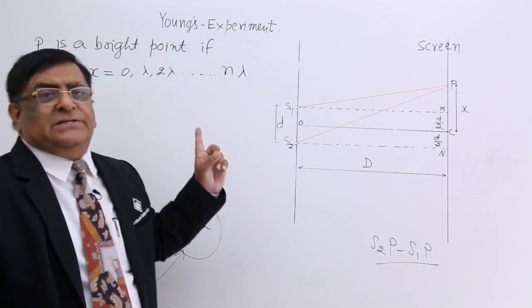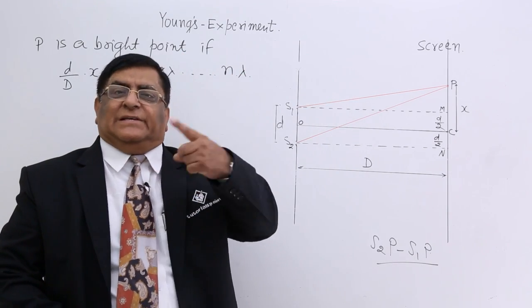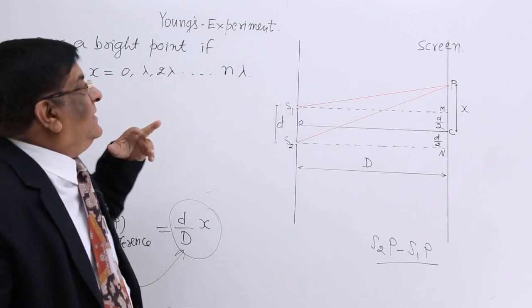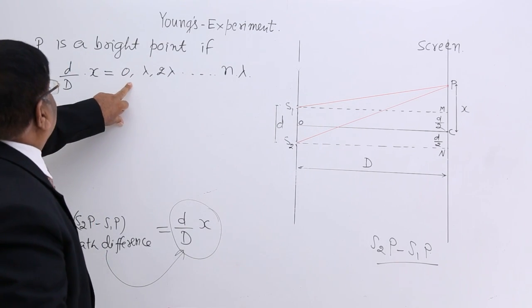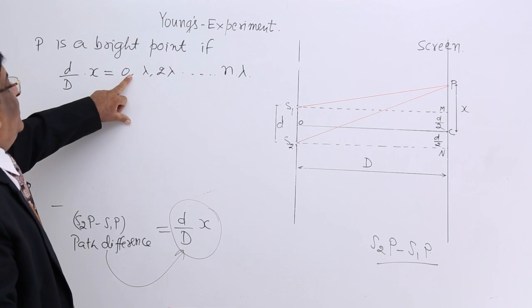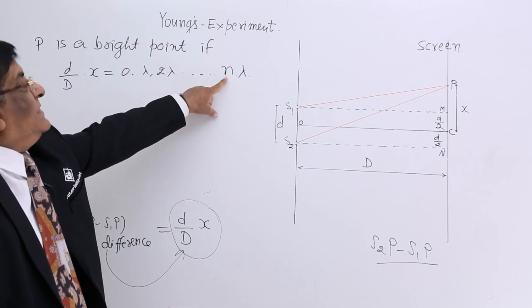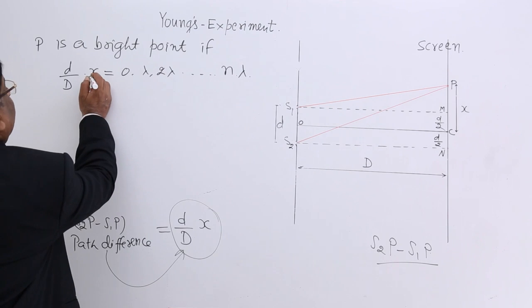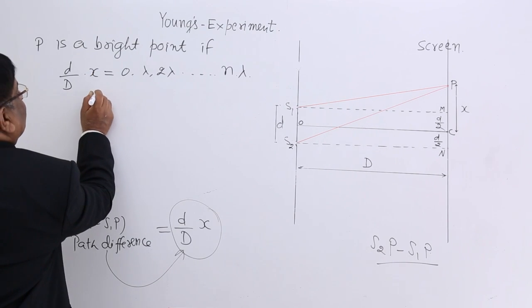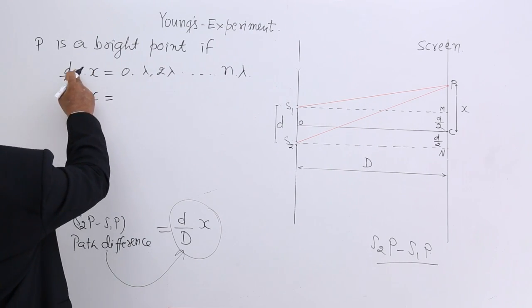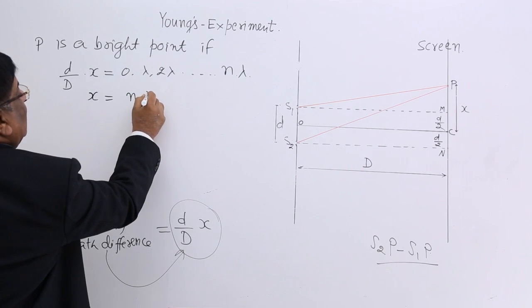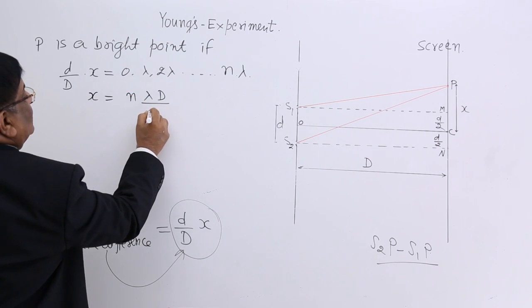You understand this? If you don't see, please see the previous lecture where we have set this condition. For a bright spot, the path difference should be an integral multiple of lambda. So what should be the value of x? Transfer d by D to this side, so this will be n lambda D by d.